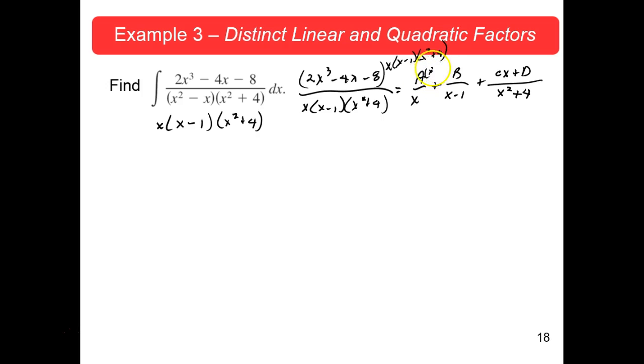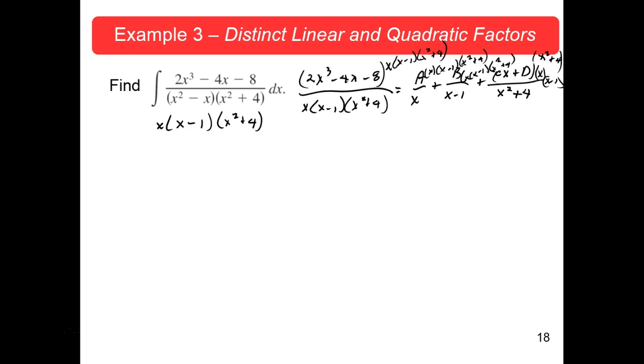Multiply the second by x times x minus 1 times x squared plus 4. Multiply the third one times x minus 1 times x squared plus 4. And multiply the fourth one, I'll put that in parentheses, times x minus 1 times x squared plus 4. I ran out of room, but you got my general gist there, right?